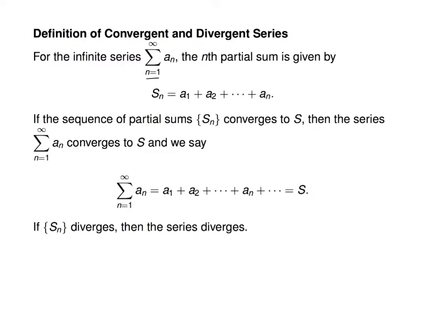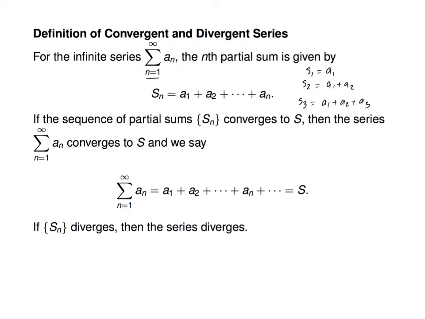So the kind of crazy thing that happens is you take this series and you make it into something called a sequence of partial sums. And the partial means you sum up part of the series. So S1 is just the first term. S2 is the first 2 terms added together. Does that make sense? S3 is the first 3 things added together.